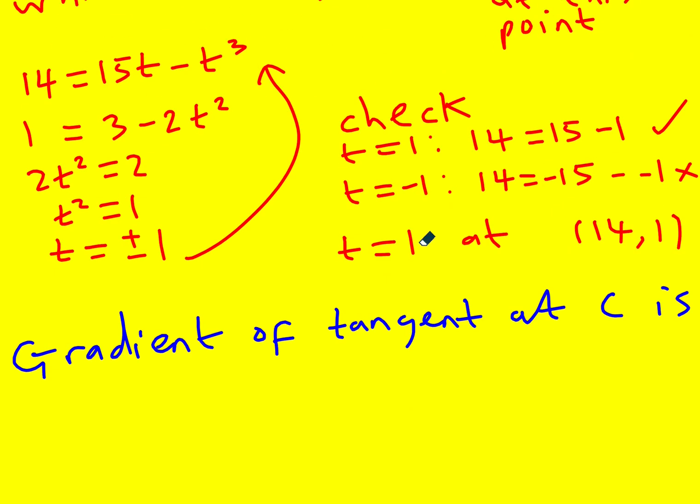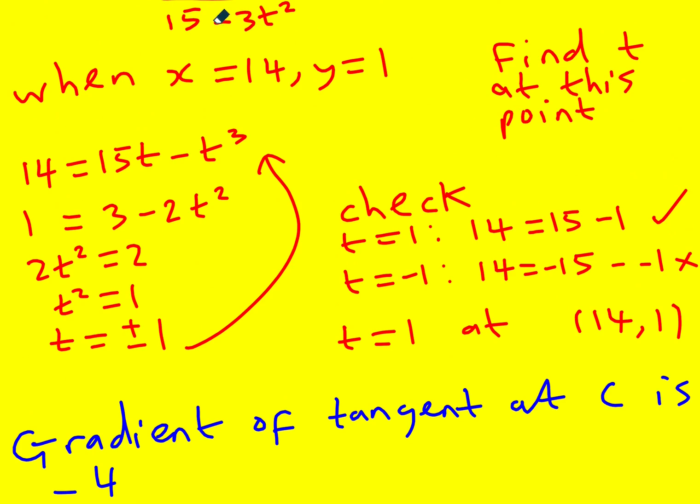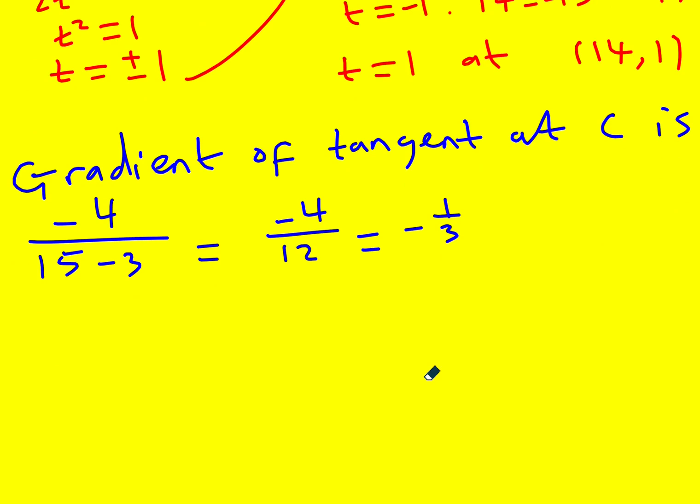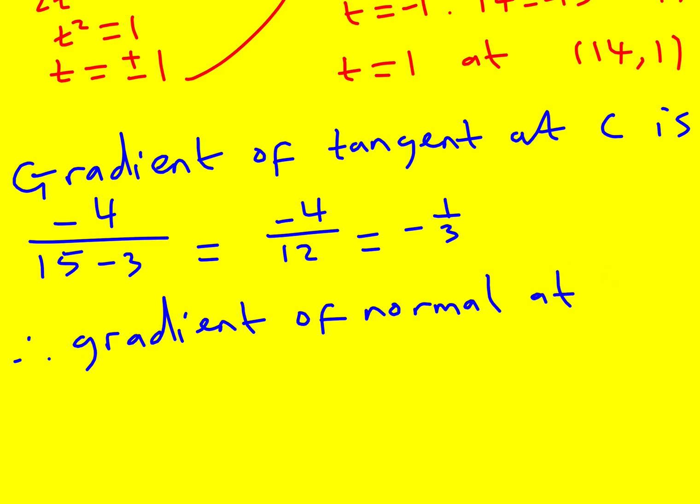So it's minus 4 all over 15 minus 3. Minus 4 over 12, or minus a third. And the gradient of the normal is the negative reciprocal, it's just 3.